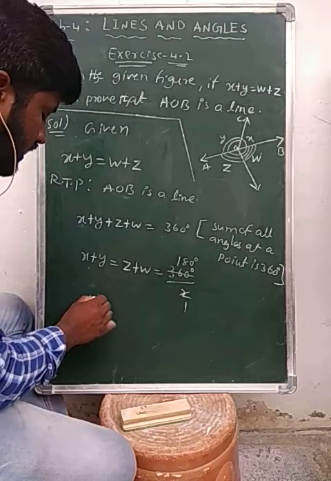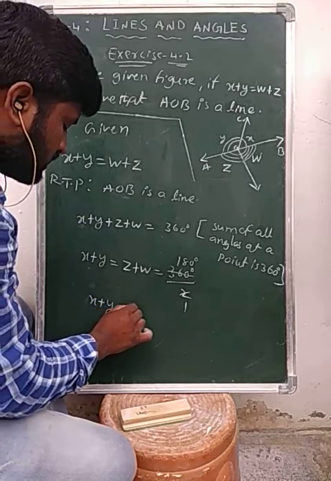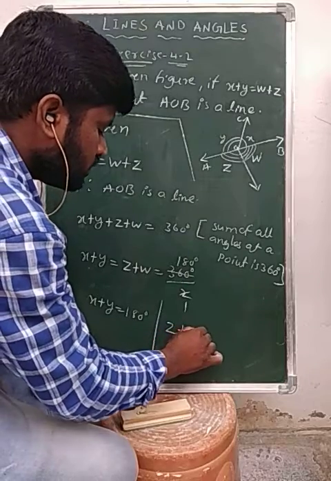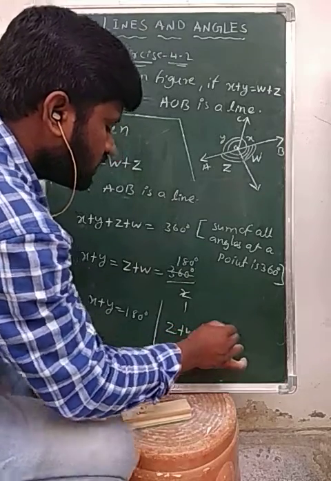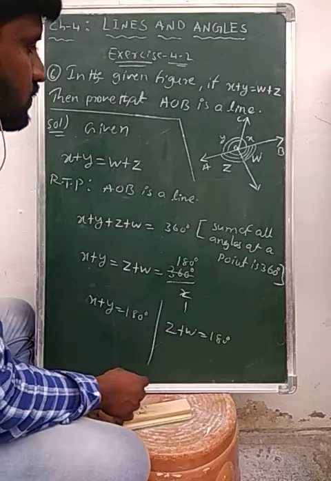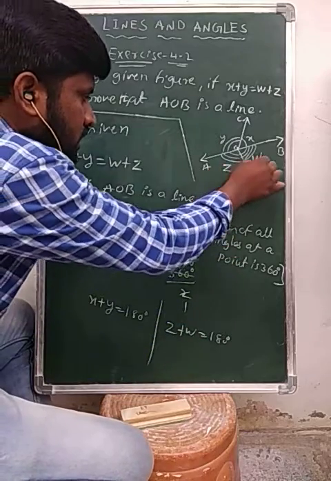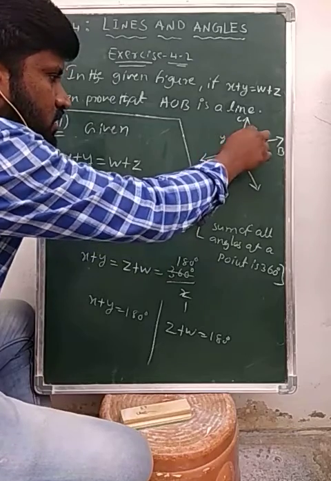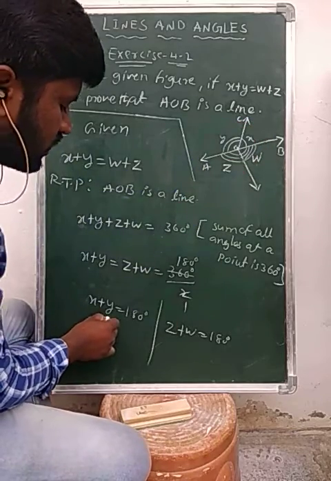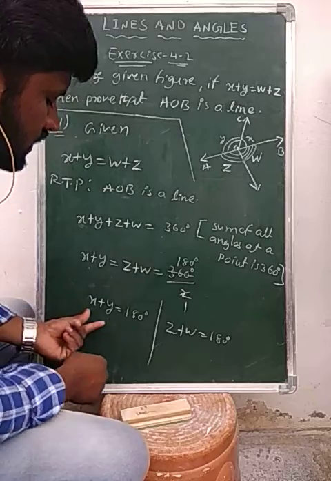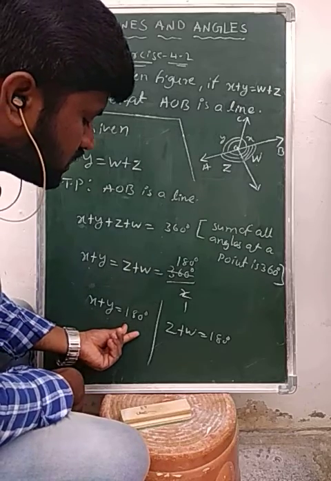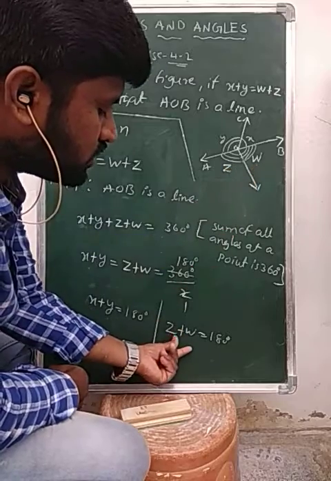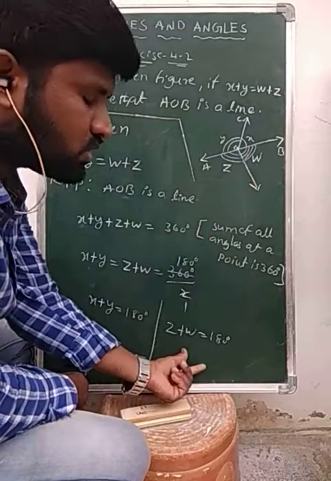So clearly we can write x plus y is equal to 180 degrees, z plus w is equal to 180 degrees. You just observe z, w, these two are adjacent angles, and x, y, these two are adjacent angles. X plus y, their sum is equal to 180 degrees. Z plus w, these two also adjacent angles, their sum is equal to 180 degrees.